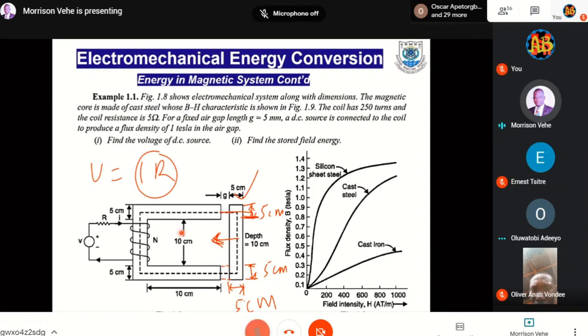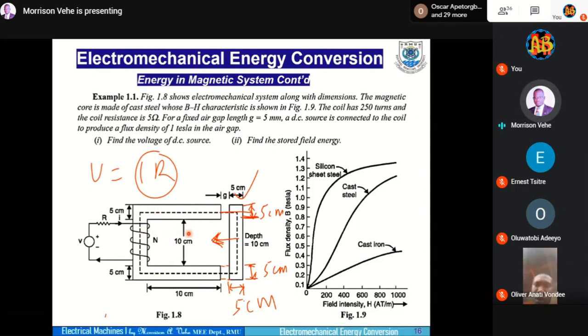Okay, so you are looking at, if you like, the core and then the air gap. But as far as volume is concerned, you have to consider the length, the height, the breadth.